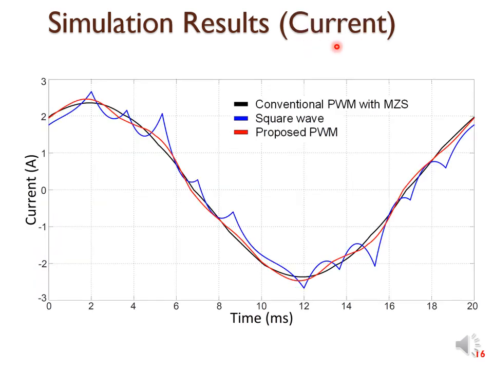These plots are the stator current waveforms for each of the switching methods. All of them have some distortion, even the conventional one because of the dead time, although obviously for a square wave and for the proposed one there is some more distortion, although it is greatly attenuated by the XY filter.